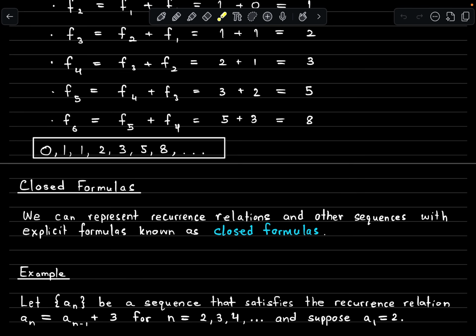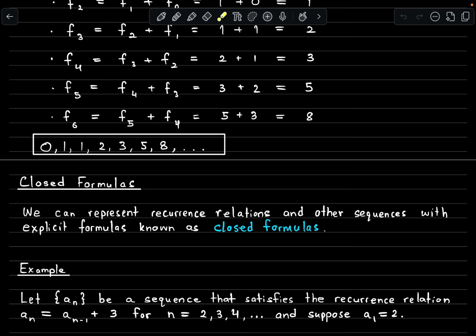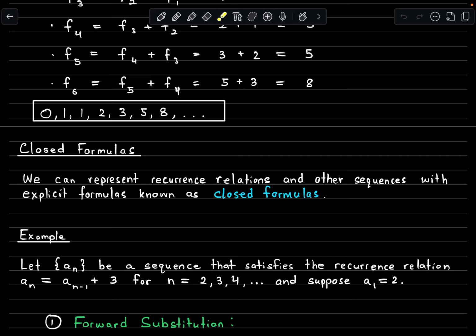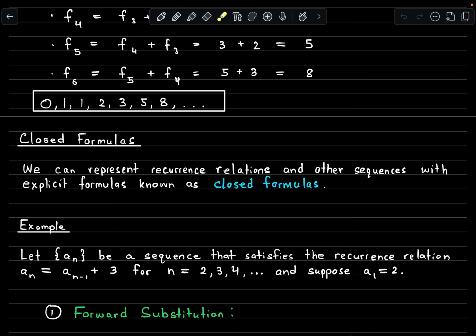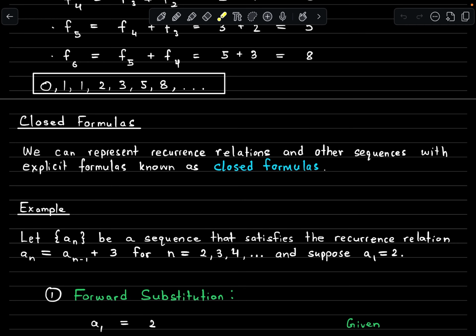So let's look at this example again. All right, so we had that same recurrence relation where I'm just taking the previous term and adding 3 to it for n equals 2, 3, 4, and so on. I'm given that a sub 1 is equal to 2. Well, I can use something called forward substitution to determine this closed formula.